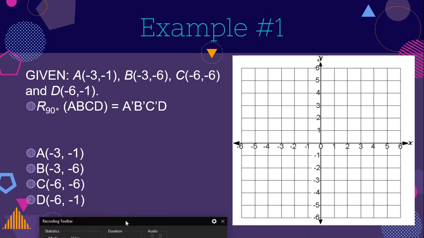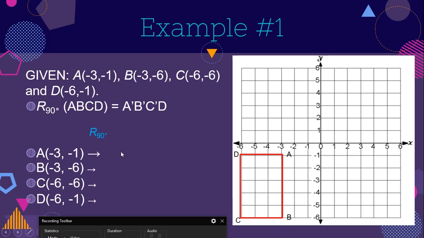So in example number 1, we're going to plot our 4 points, A, B, C, D. And you can see that it's a rectangle. Make sure you draw with a ruler or a straight edge and you label all the vertices. Rotating 90 degrees is counterclockwise, so we're going to apply our rule. We're going to slide y forward and negate it, and then just slide x back.